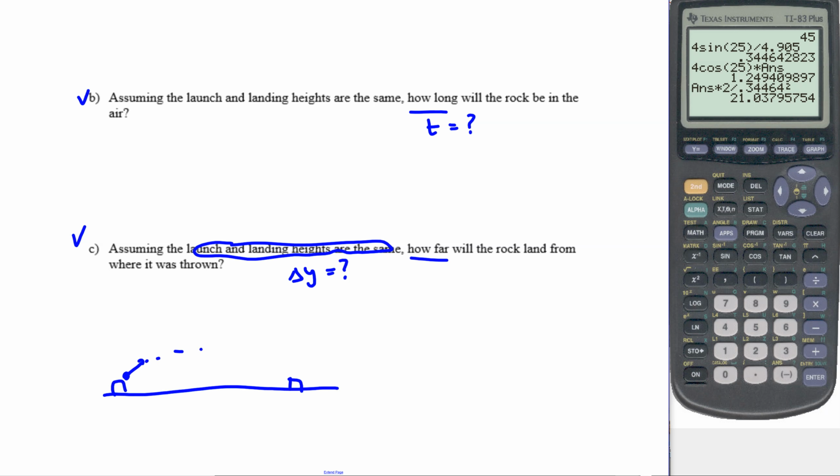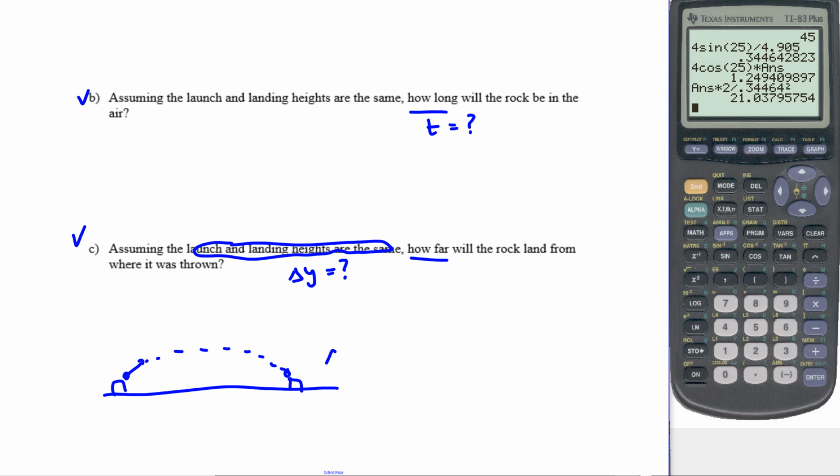So if it goes like this, the total displacement on the y-axis starts right here on the y-axis and it ends right there on the y-axis. No y displacement. So you don't find delta y, pardon me, moving too quickly. You were looking for how far forward, really. You were looking for delta x.